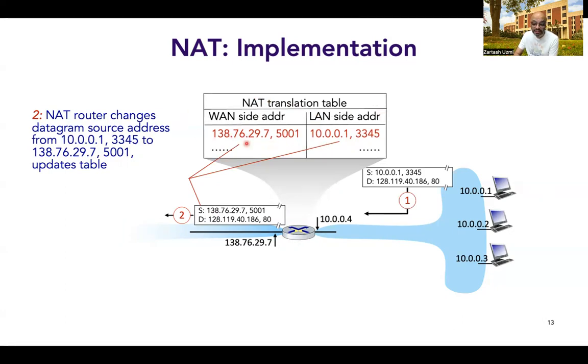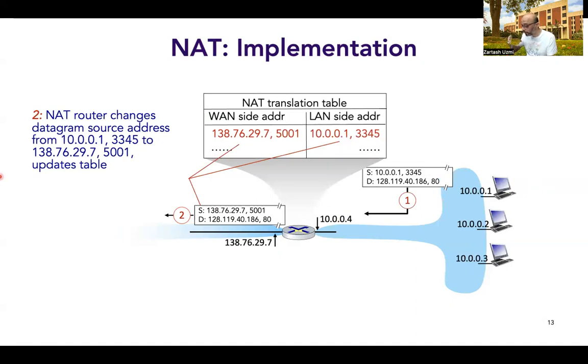So the WAN side, wide area network side address is 138.76.29.7, port 5001, and the local or internal side, local area network side address is 10.0.0.1 at port 3345. Now, when this packet goes to the destination, somewhere at the other corner of the world, the response might come back.